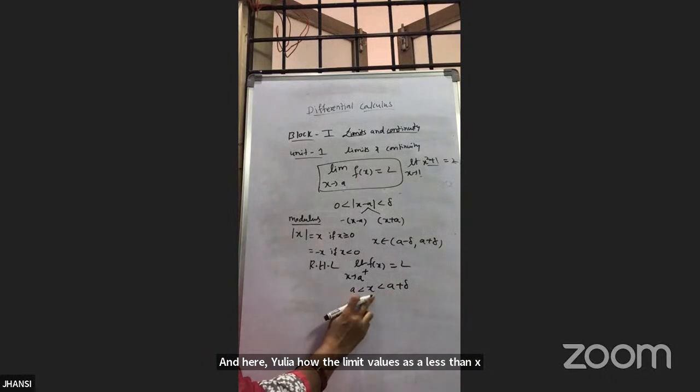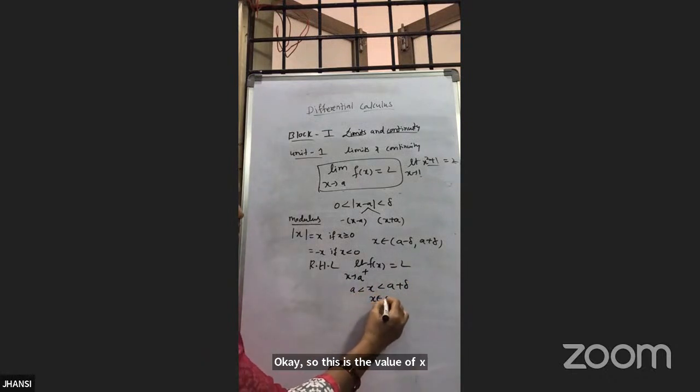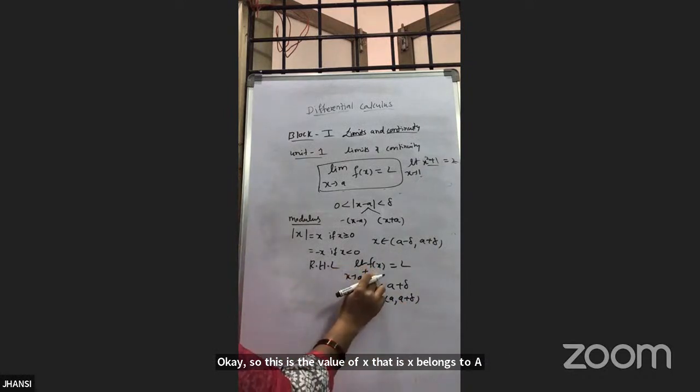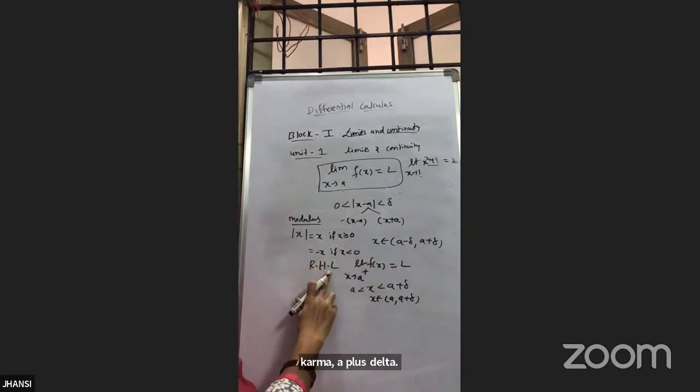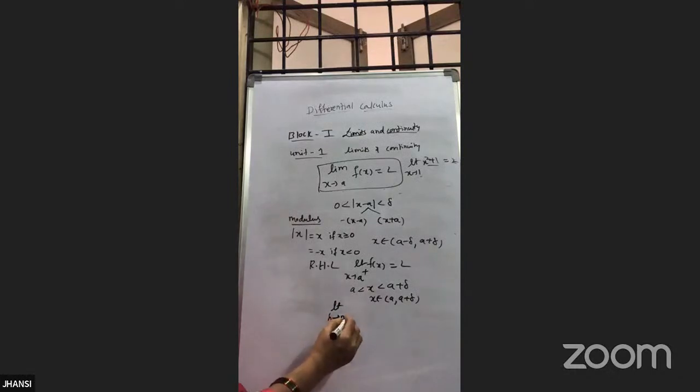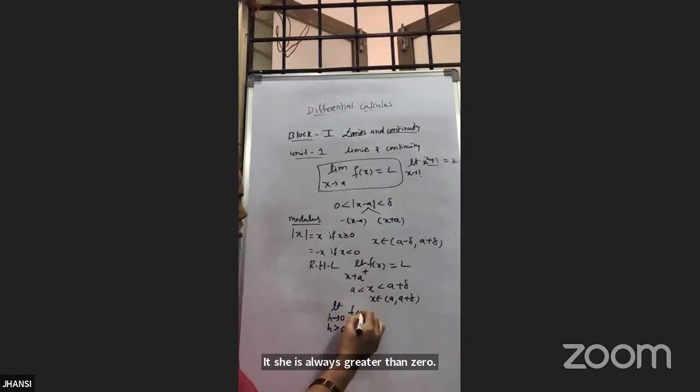So this is the value of x, that is x belongs to a comma a plus delta. And the working rule for RHL, while solving the problems, we'll write this as limit h tends to 0, h is always greater than 0, f of a plus h. So remember this thing while solving the problems.